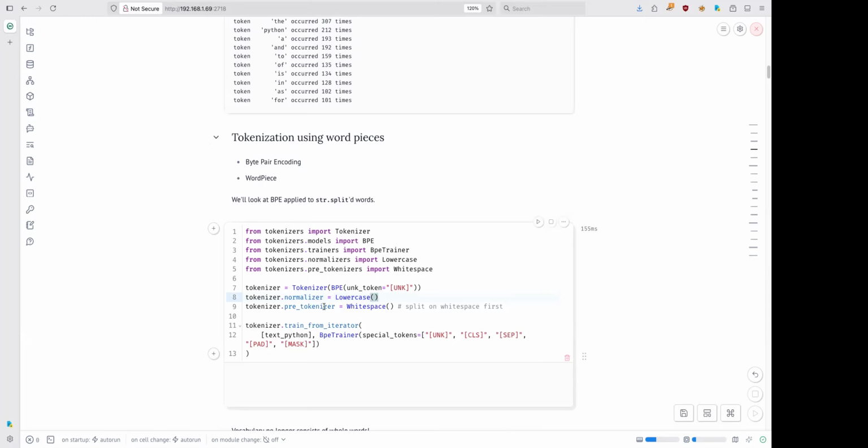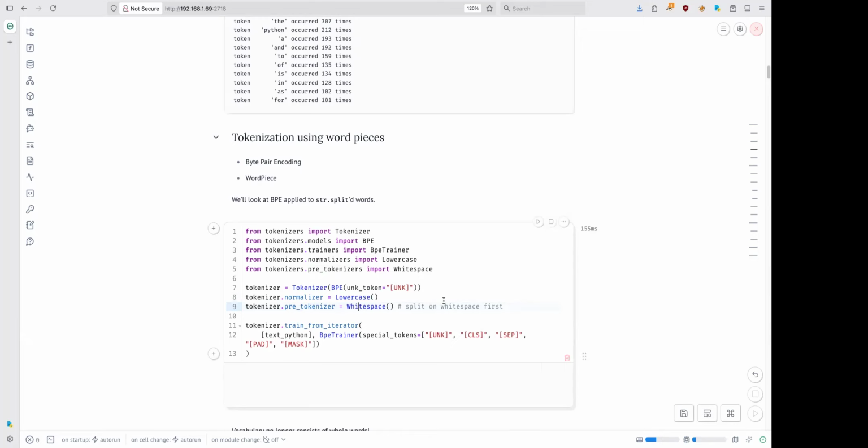Then, another pre-tokenization step, we split by white space, which is exactly what we did above with str.split. In particular, it turns out that if you split your text by white space and apply BPE to each such substring, you will get more useful tokens. So we do this here.